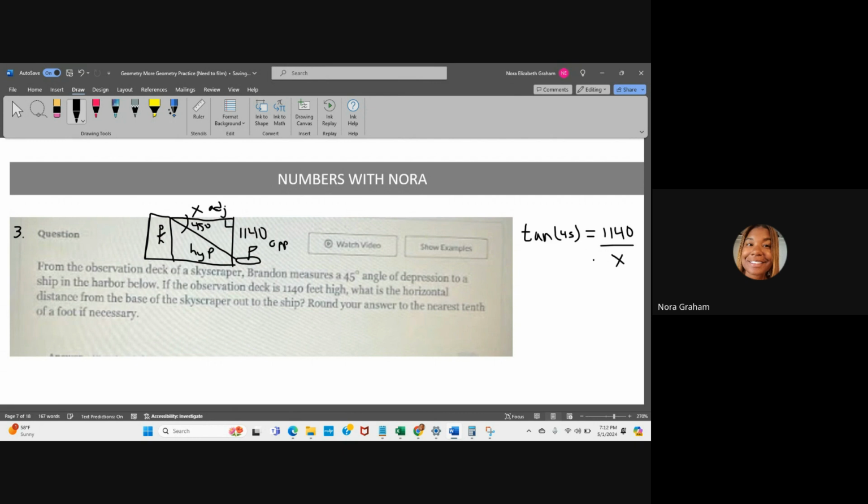I can multiply both sides by x. That x will cancel out. So then I'll have x tan 45 equals 1,140. I'm just showing every single step so you don't get confused.